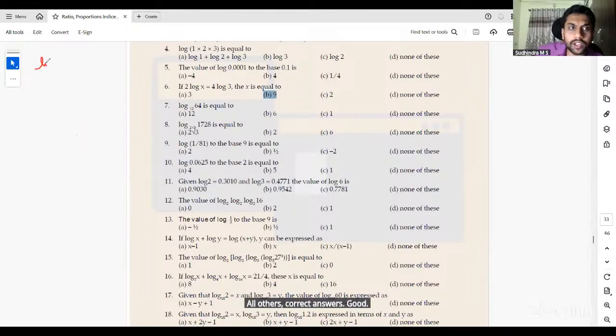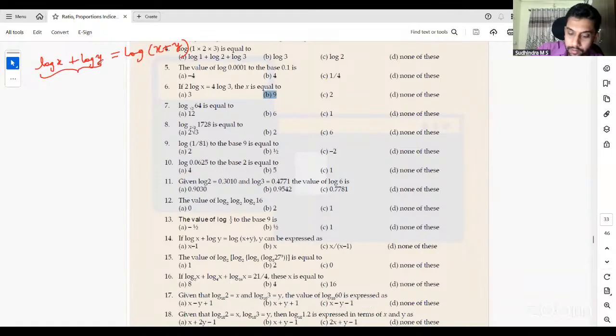So what have they given us? Log x plus log y is equal to log of x plus y. What is log x plus log y? Log of x into y. Log of x into y is equal to log of x plus y.